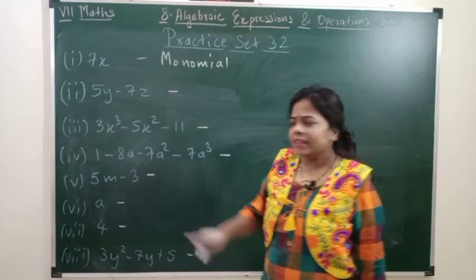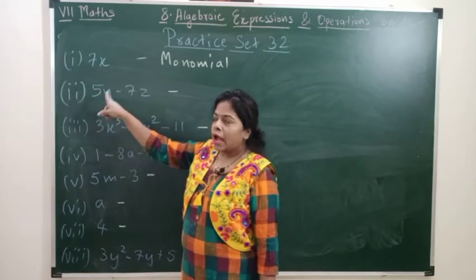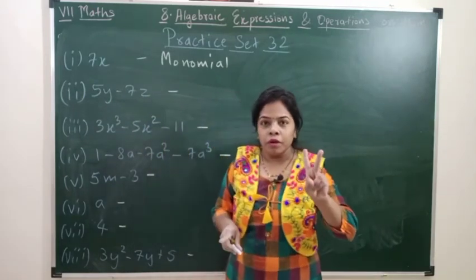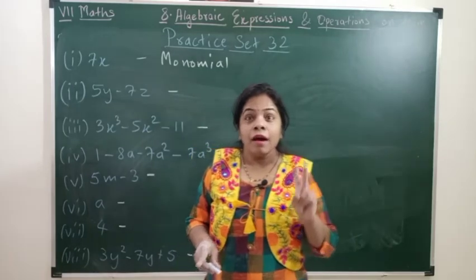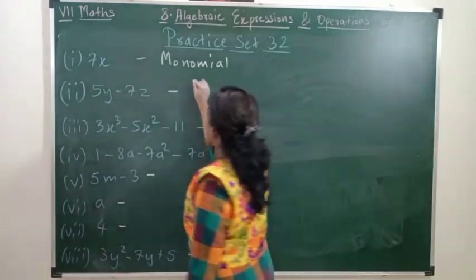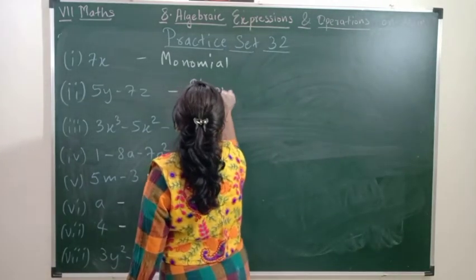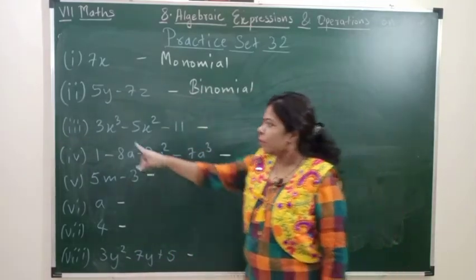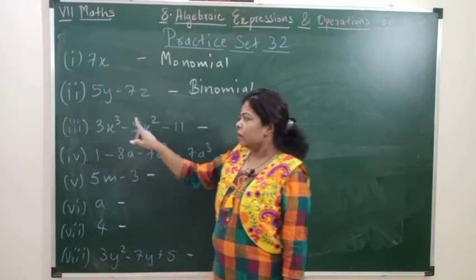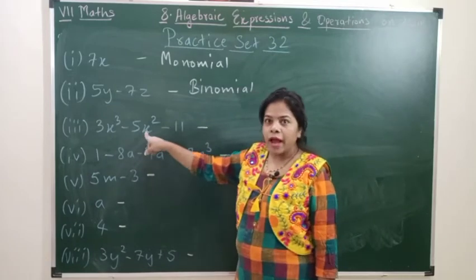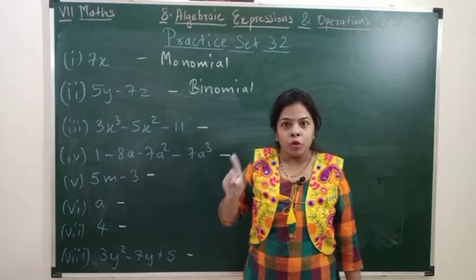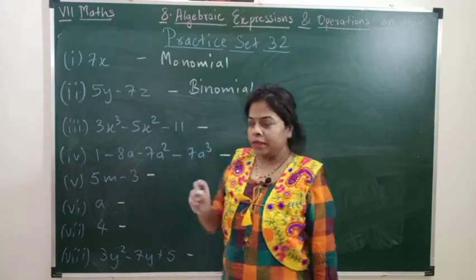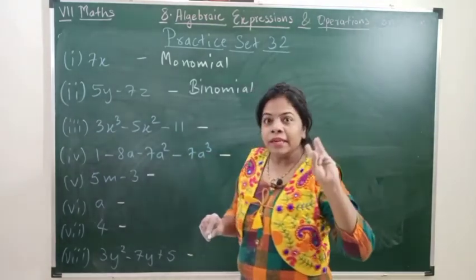Next one children, this is having 1 and 2. 2 terms, which means it is a binomial. This one children, 1, 2 and 3. So it is a trinomial. 3 terms, trinomial.